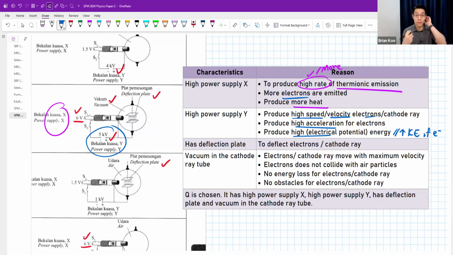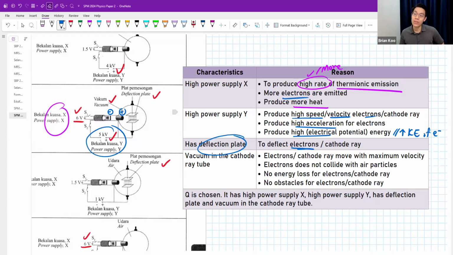So that it moves faster. You want to pull it over from the negative cathode to the positive anode. I need a deflection plate because your heart rate monitor needs to go up, go down, go up, go down. So I need the cathode ray to go up, come down, go up, come down. And that only works if you have a deflection plate to deflect the electrons or cathode ray.